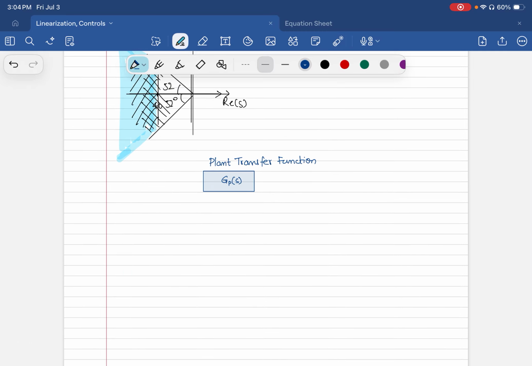Now, an input to the system is this here, that is u of s. And the output of the system is, of course, your system response, which I'm going to denote as y of s. What is the input?